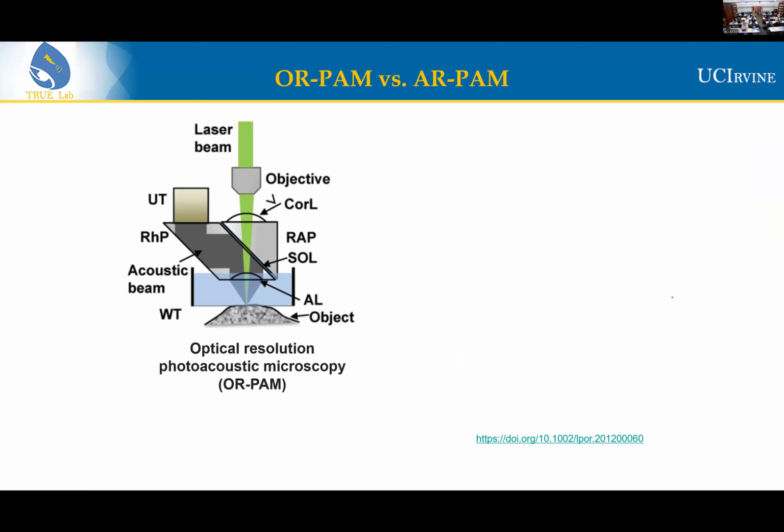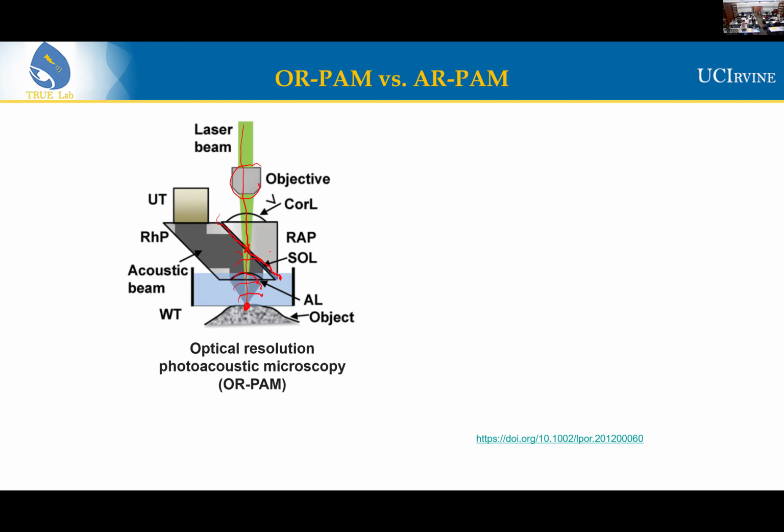I'm going to divide this into two types. One is optical resolution microscopy. In this setup, you have a laser beam, which is green. This green beam is focused by an objective lens all the way to your sample. Whenever you generate a signal here, the sound wave propagates through the water, and then the tricky part is here.